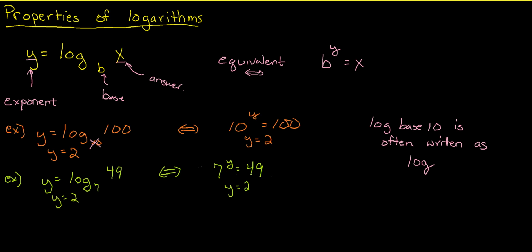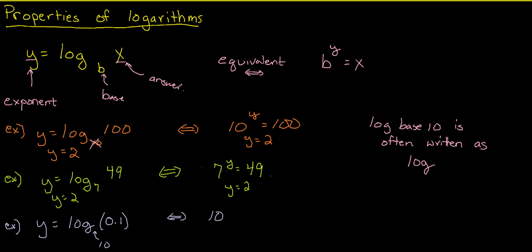All right, let's make it a little bit more challenging. Suppose I gave you the example y equals log of 0.1. Well, that's equivalent to saying 10 is my base because they didn't write it there.